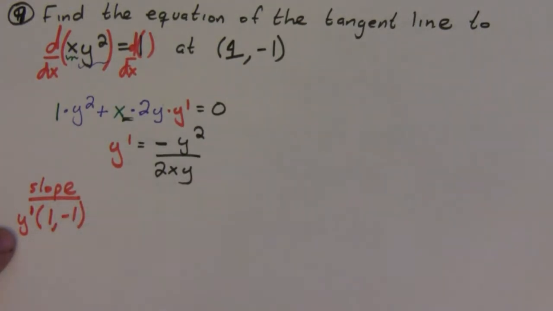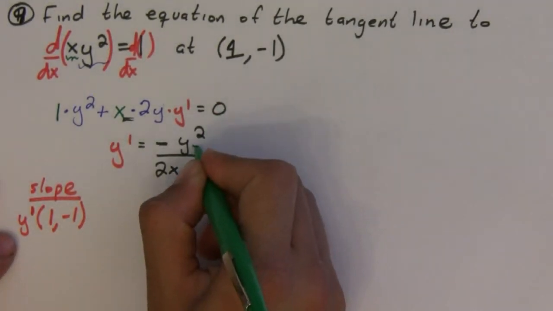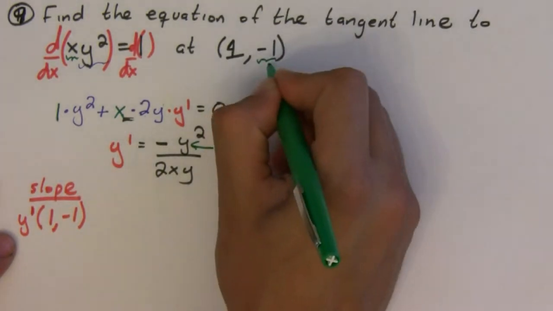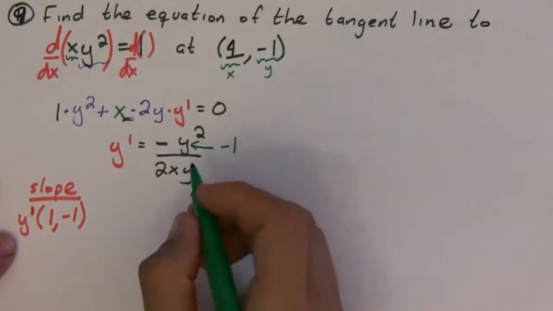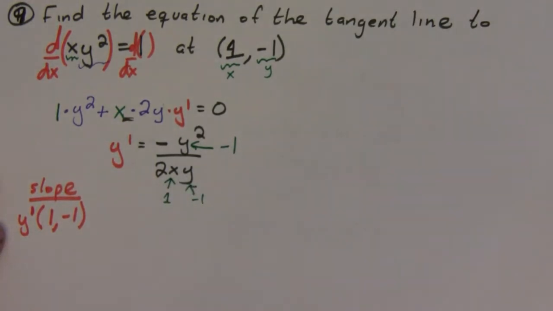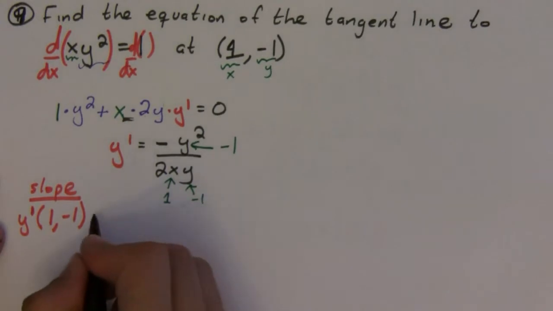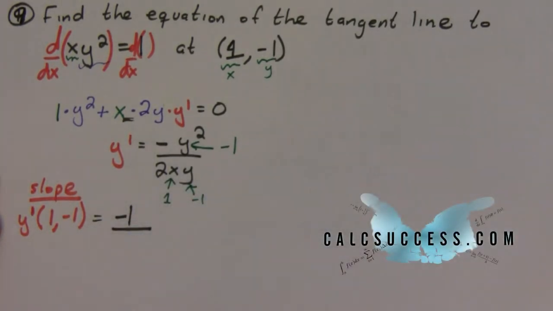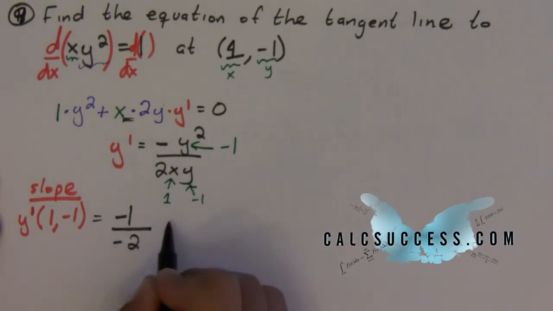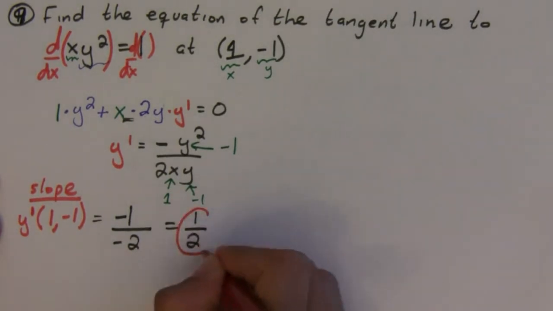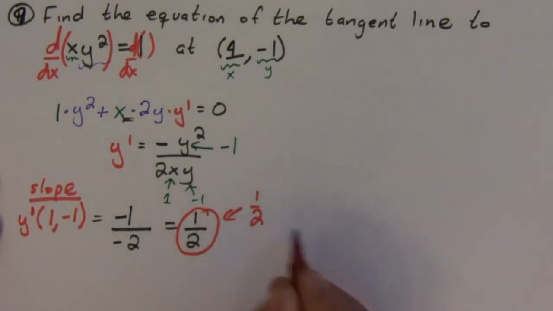So I need to grab my derivative, plug in the y value that I have, and plug in the x value. If I do that, I'm going to get on the numerator negative 1 over negative 2. Or in other words, the slope of the line is equal to 1/2.